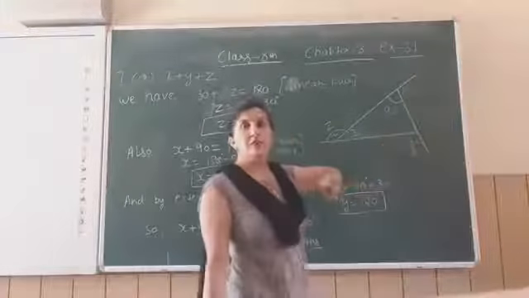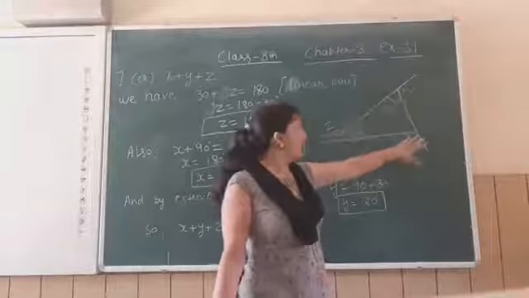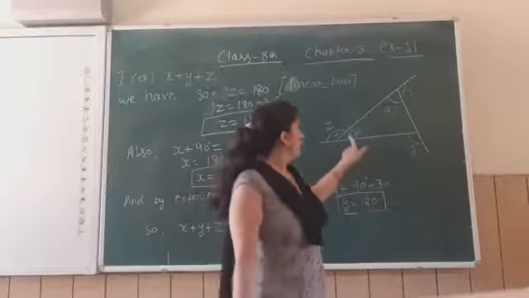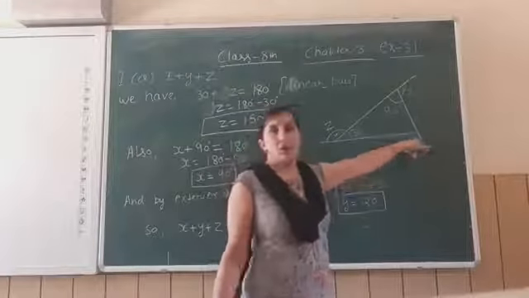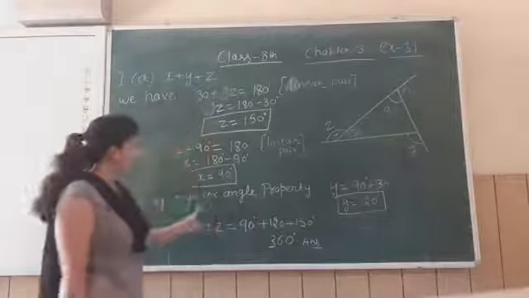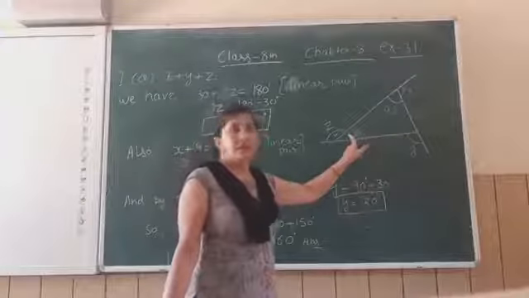So what is the exterior angle property? The sum of two interior angles is equal to the opposite exterior angle. So the sum of 30 plus 90 will be equal to the opposite exterior angle y. So we write, by exterior angle property, y is equal to 90 plus 30.